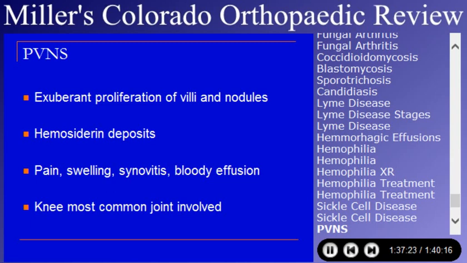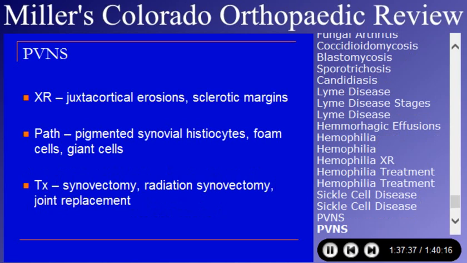I've done toe joints, finger joints, so it can be anywhere. You can create a synovitis in the knee by injecting blood, but the pathology will not be the same as pigmented villonodular synovitis.